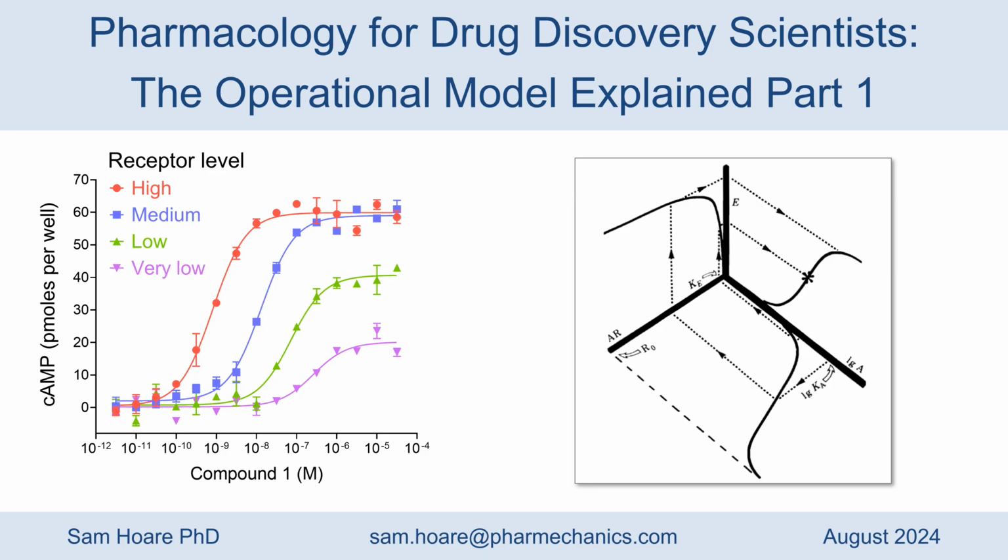This theory, while highly successful for drug discovery and fascinating for people like me, can be quite impenetrable to the modern drug discovery scientist, as you can see from this diagram. As a result, the drug discovery scientist often has little understanding of how GPCR pharmacology really works.